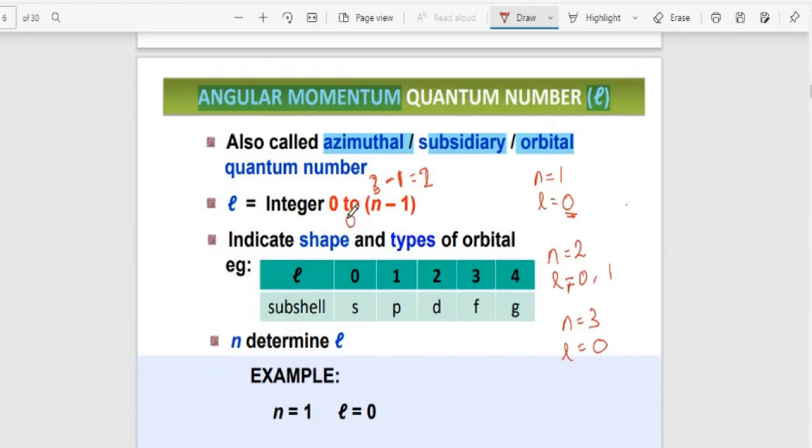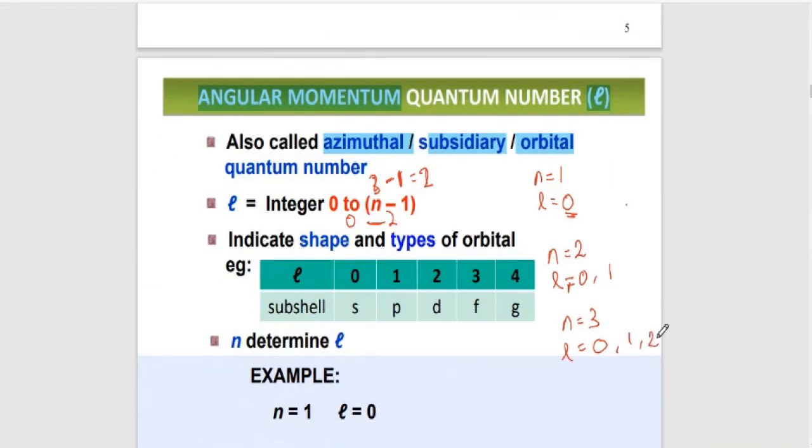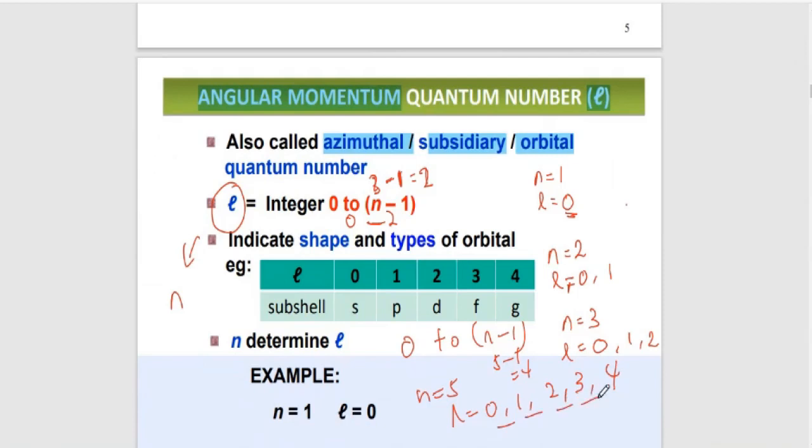So 0 to 2, meaning 0, 1, 2. So the value of L depends on the value of N, from 0 to N minus 1. If my N is 5, then 5 minus 1 equals 4, so L equals 0, 1, 2, 3, 4. It has 5 values. This is what it means. So N determines L.